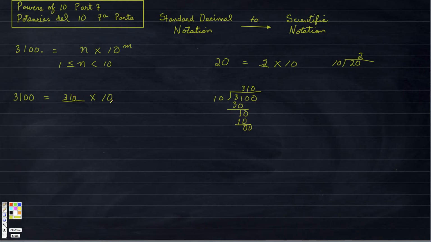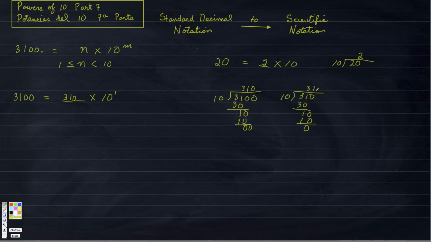So is this a power of 10? Yes, this is a power of 10 because it's 10 raised to the 1 power. The problem is that 310 is not my n. My n has to be less than 10, and this is too big. So I could take 310 and divide it again by 10. 10 goes into 30, 3 times, 3 times 10 is 30, and I have a remainder of 1, bring down the 0, then it goes 1 time. 1 times 10 is 10.